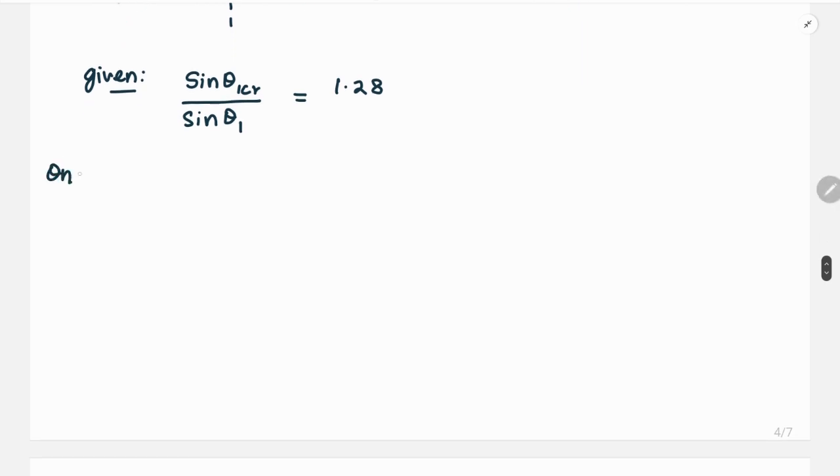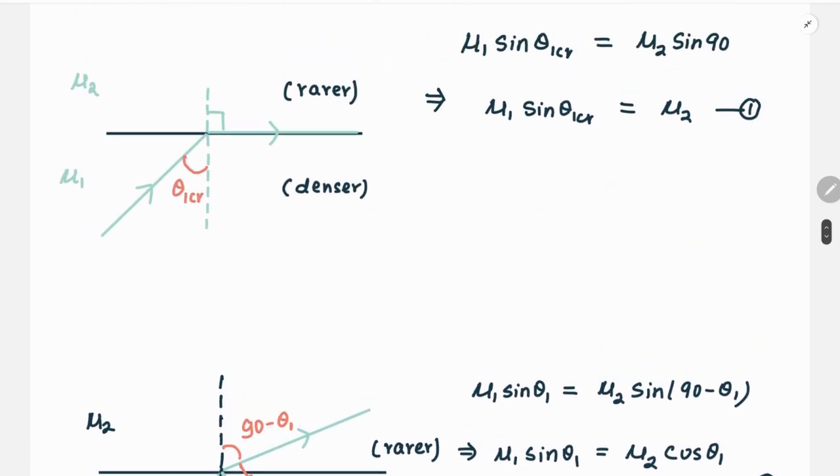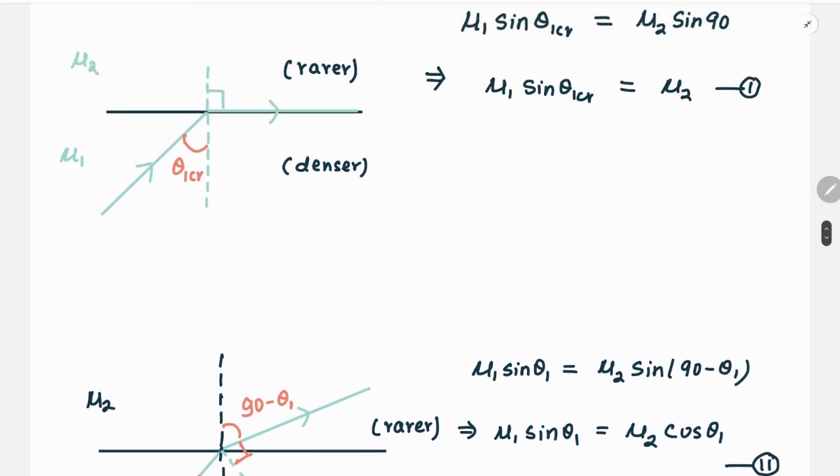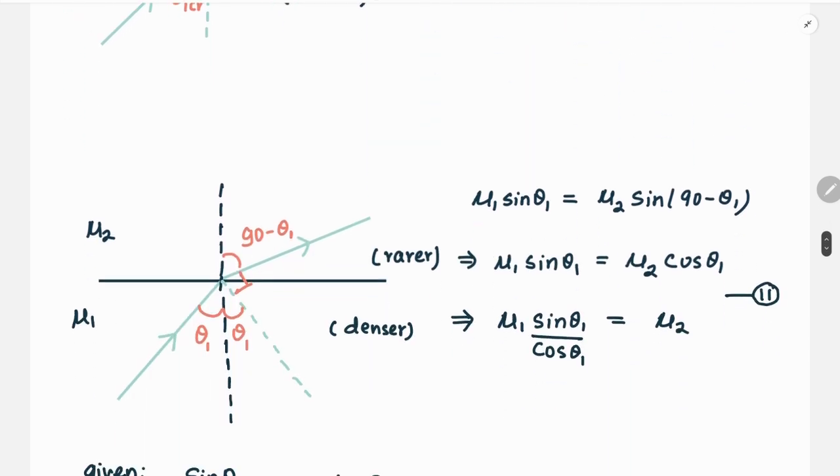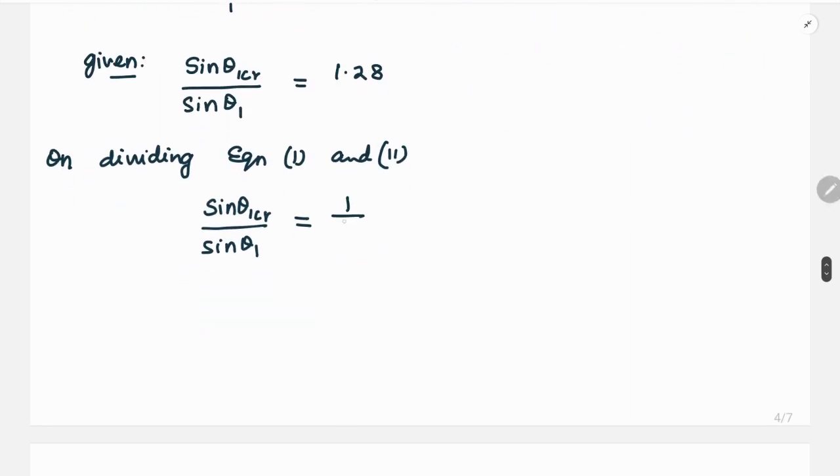On dividing, mu1 will cancel out, and we obtain sin theta 1 CR by sin theta 1 is equal to mu2 divided by mu2 cos theta 1, that is, 1 by cos theta 1. And this one is given to us as 1.28.